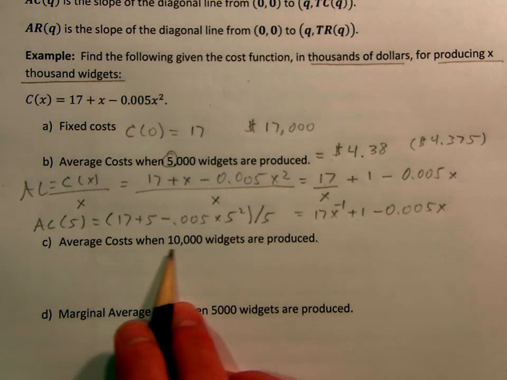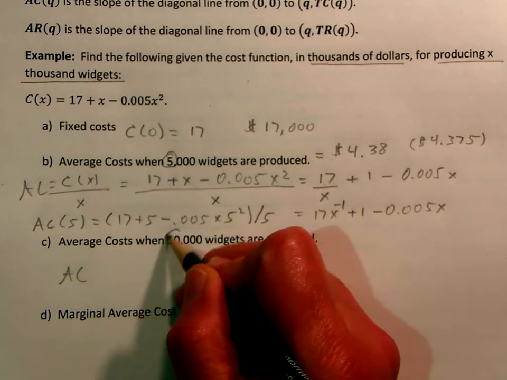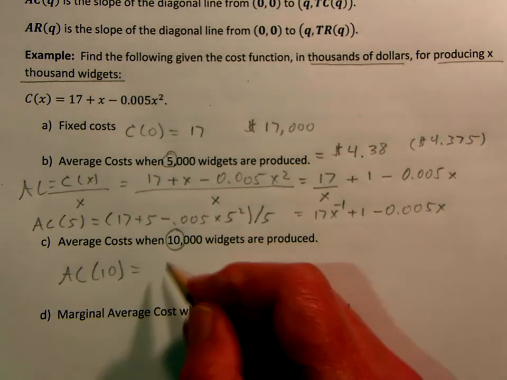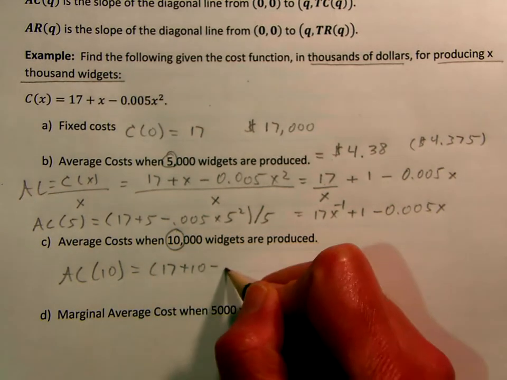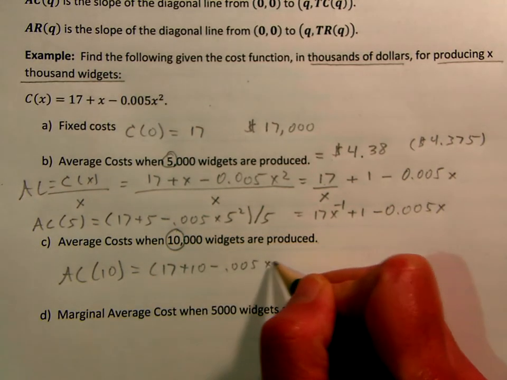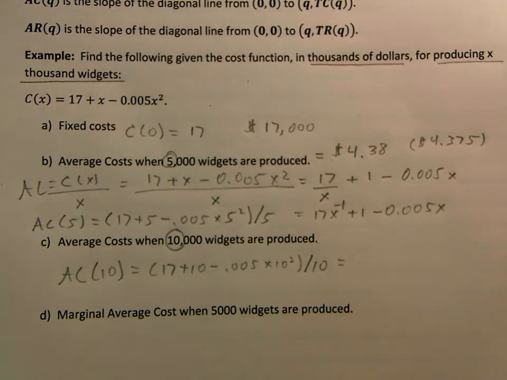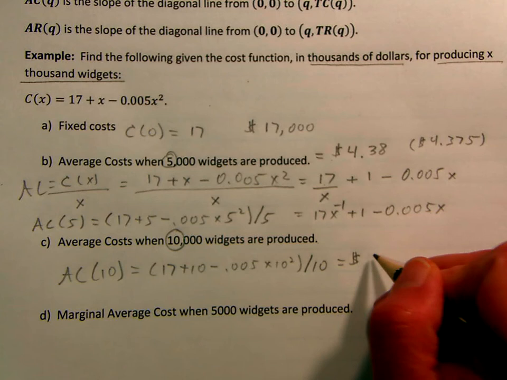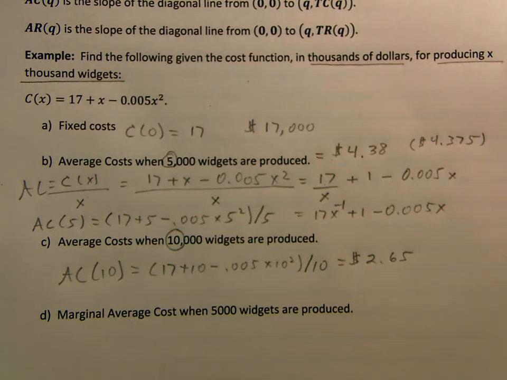Let's find the average cost when 10,000 widgets are produced. So again, we want to enter 10. So that's what we're going to enter. And now we're at about $2.65 each.